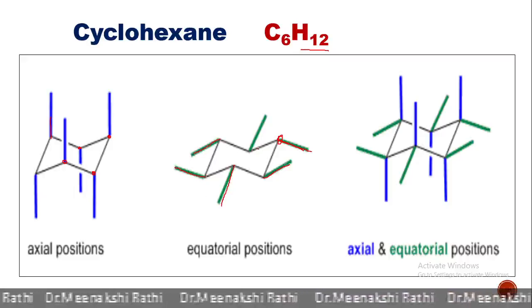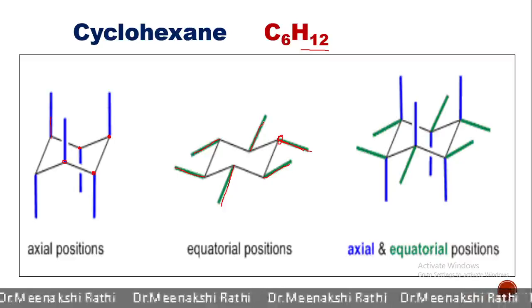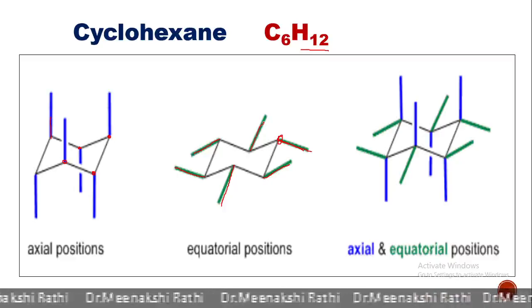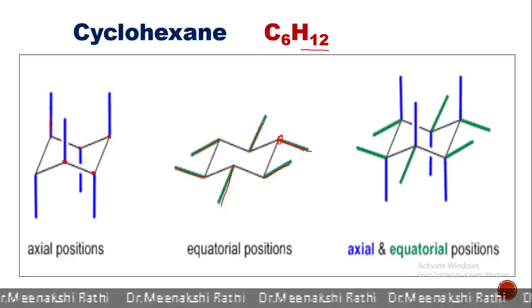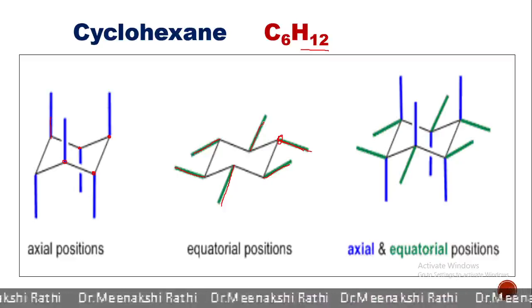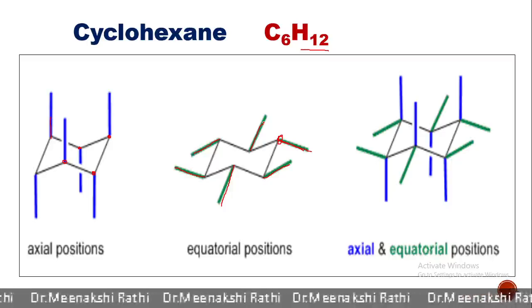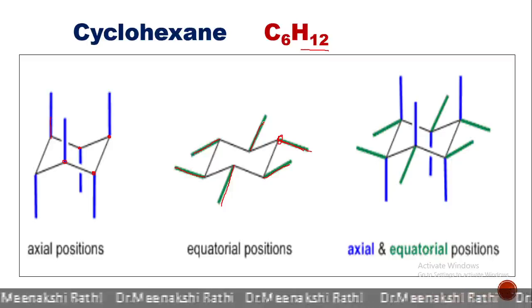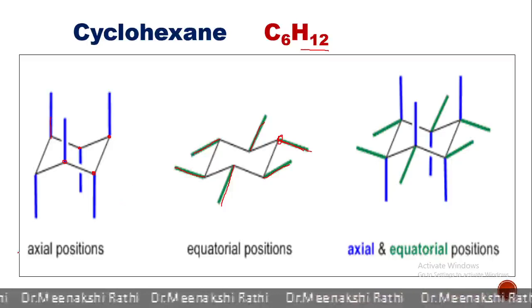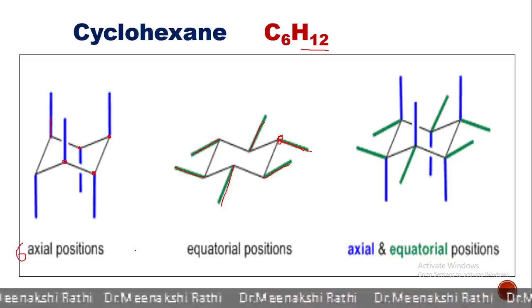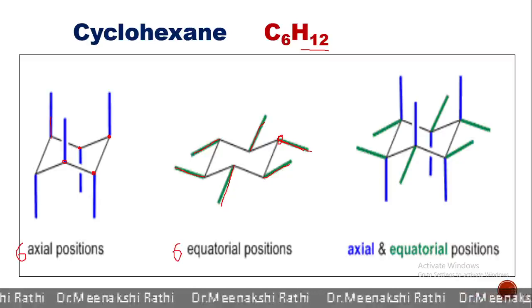At fifth it is below the plane, and at sixth it is above the plane. So, the hydrogen atoms which are projected outward and which are in the average plane of the ring are known as equatorial hydrogen. So in cyclohexane, there are 6 axial hydrogen and 6 equatorial hydrogen.